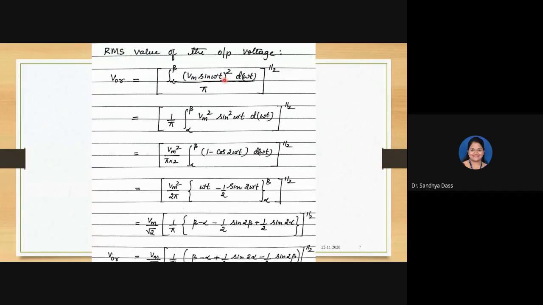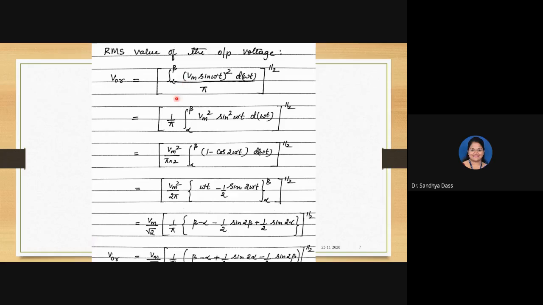So Vm sin omega t square, obviously with respect to d omega t. So since the squared curve is repeating at every pi radians, we are dividing it by pi radians to take the mean, okay? And obviously under the square root.